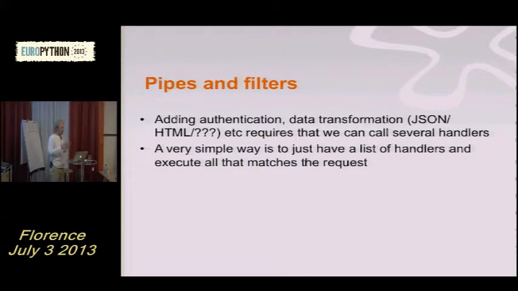But we're going to look at one of the simplest ways of doing it, because this will complicate the reloading of stuff. So a simple way of doing it is, instead of like we've done so far, having a list of handlers and just running the first one that matches, we have a list of handlers and we run all that match.